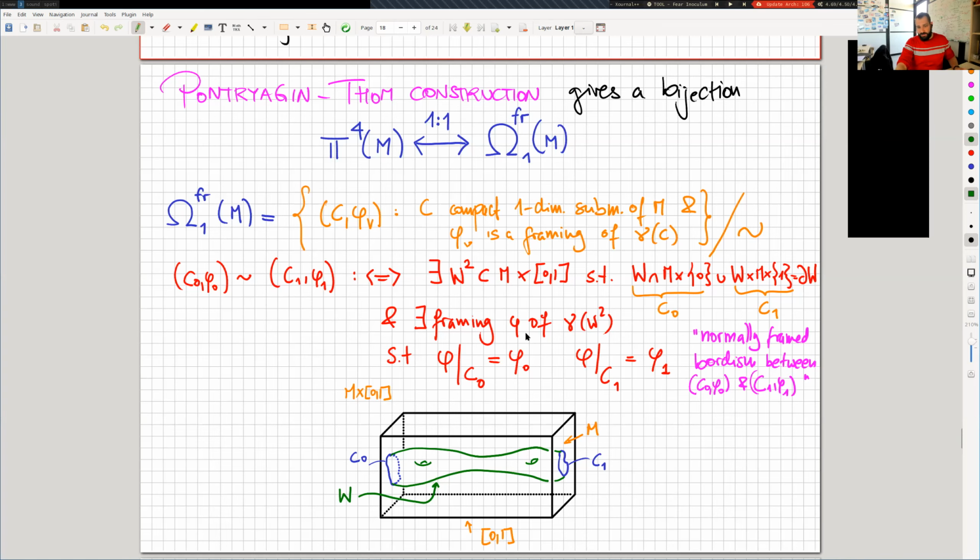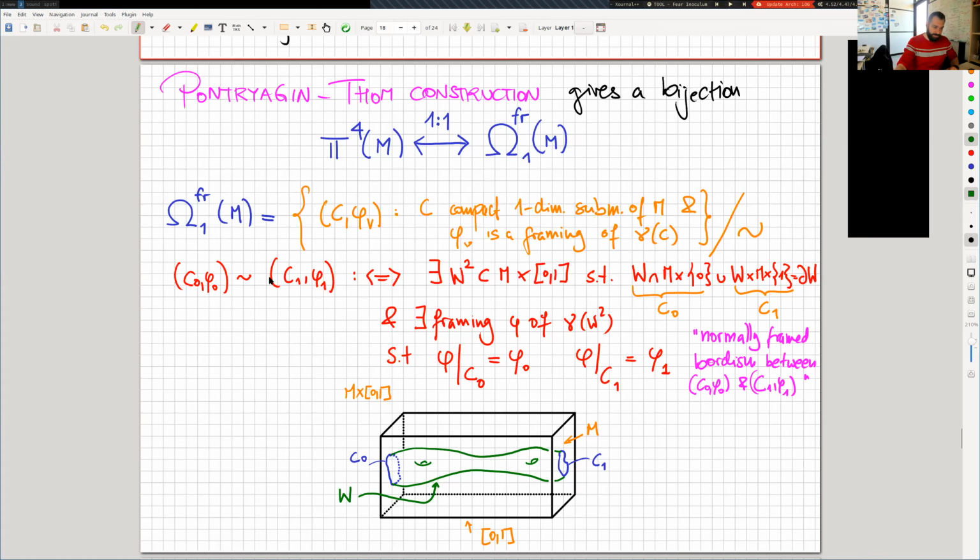The other part is that the normal bundle of this W in M cross [0,1] should be trivial, and it should have a framing such that if you restrict it to C0 here, you get the framing you started with, and if you restrict it here, you get the framing here, right? So this is the equivalence relation.